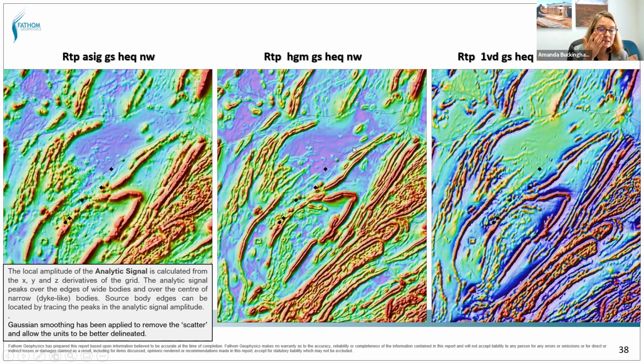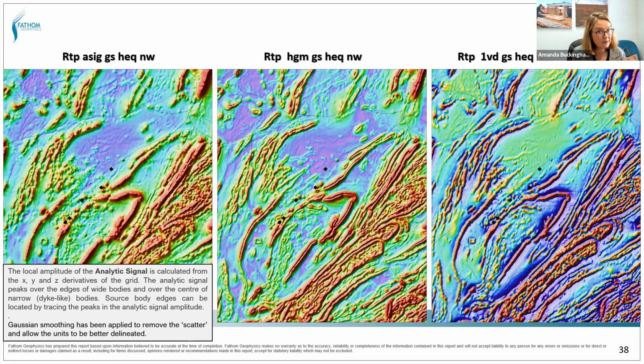The analytic signal is quite an important filter, and that's shown on the left here. It often gets a bad rap because it's quite a noise enhancing filter because you're using 3 of the derivatives of the field, but it's a really useful filter for seeing where you may have remnants. So what is remnants? Some magnetic bodies have their own inbuilt magnetic field, and they hold on to that, and that really distorts the signature that we measure when we fly over them. The analytic signal is a filter that has very low sensitivity to that remnant.